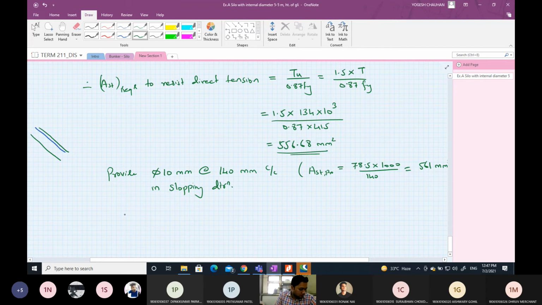Then curtail 50% of this bar at half the length of the bottom upper. At half the length, curtail 50% of the bar, because your load will be reduced there, so 50% of the bars at half the sloping length.